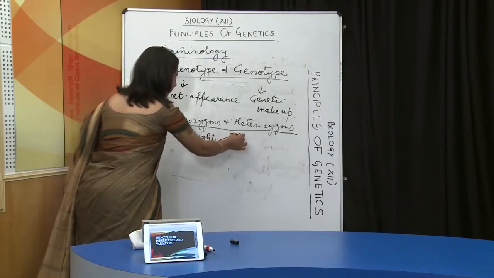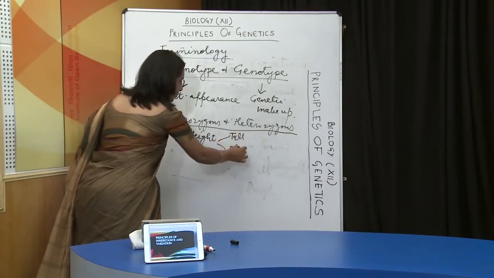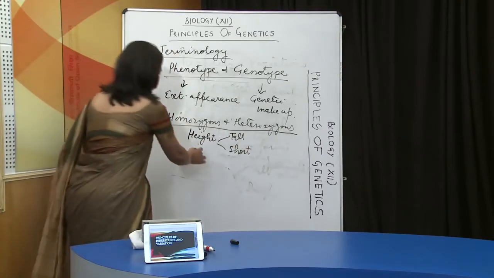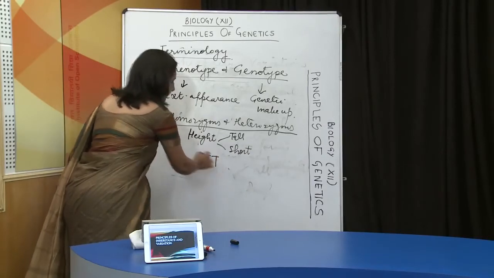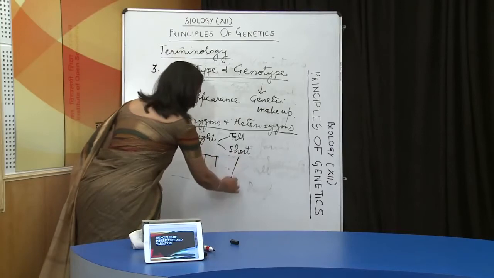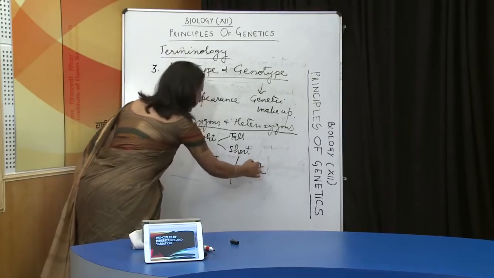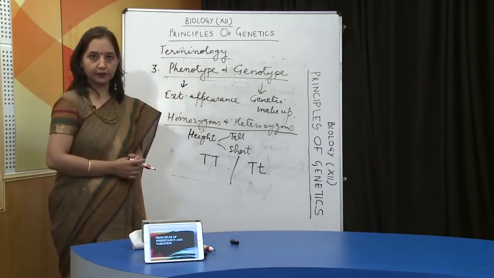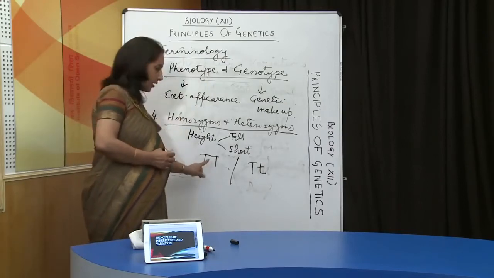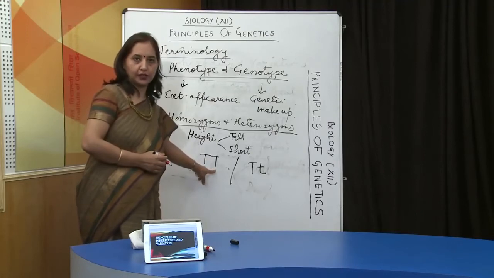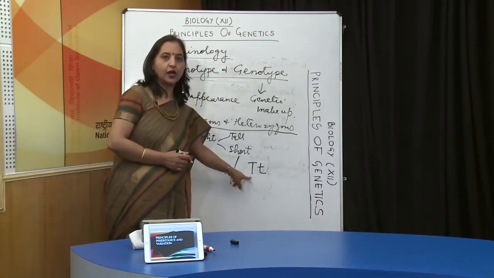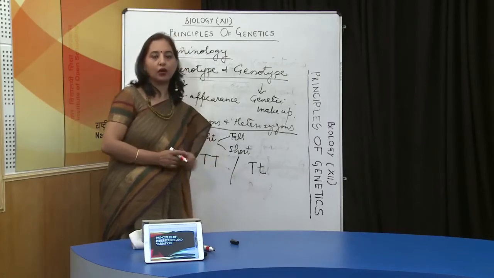can be tall or it can be short, and the plant may have two alleles of the same type, that is capital T, capital T, or may have capital T, small t. So this kind of condition, where the same allele is duplicated, is called homozygous, whereas this condition is called heterozygous, where the same allele is not duplicated.